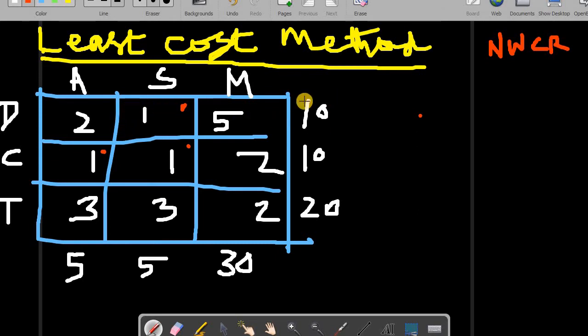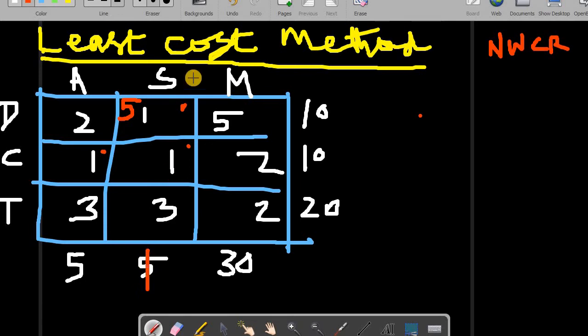The least among the availability and the demand is 5. So I am assigning 5 to go from the first production center to the second destination.